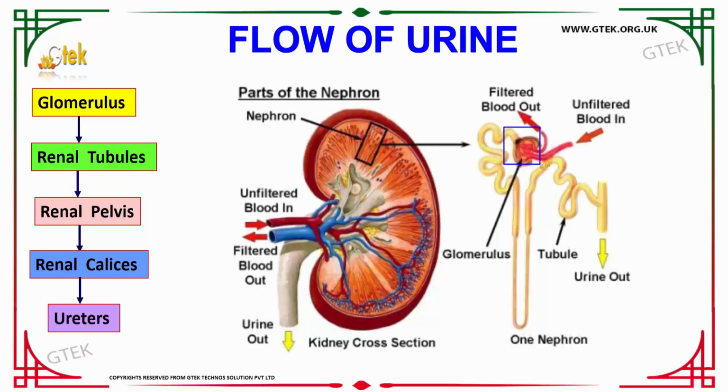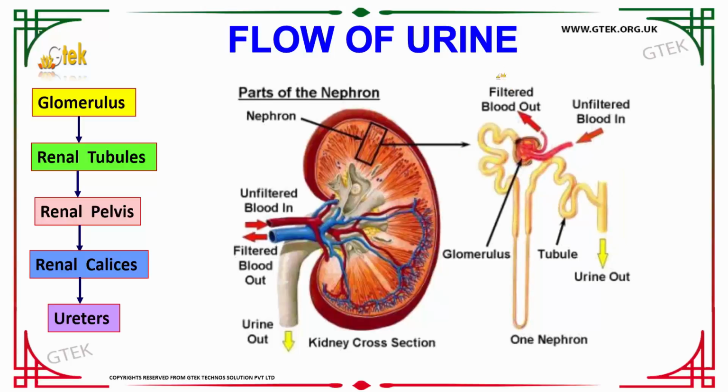It has a capsule which is known as the glomerulus, and this region is your renal tubules and renal pelvis, which is connected to the ureters.